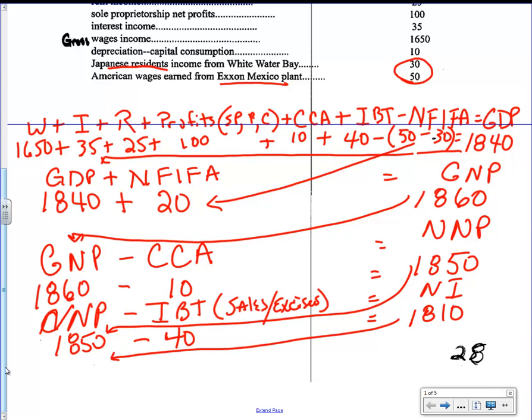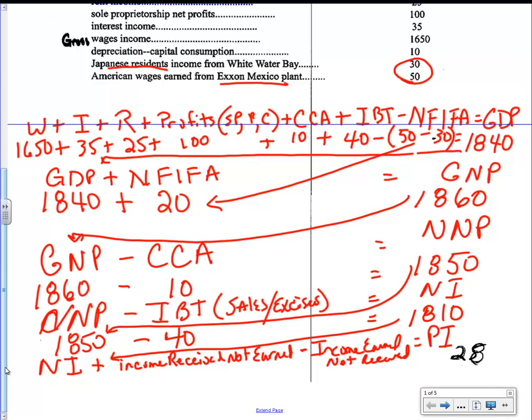Next item is known as personal income. So with the personal income, we're going to take the national income. We're going to add back income received, not earned, and we're going to subtract out income earned, not received. And that will give us personal income.